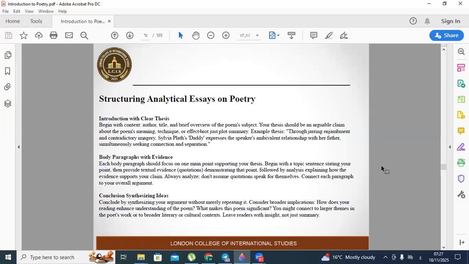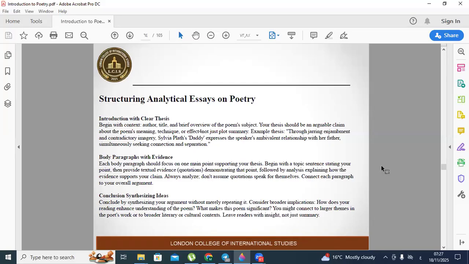Do not write, the poem is about a person choosing a path. That's a summary. Instead, write something like, through jarring enjambment and contradictory imagery, Sylvia Plath's Daddy expresses the speaker's ambivalent relationship with her father, simultaneously seeking connection and separation.